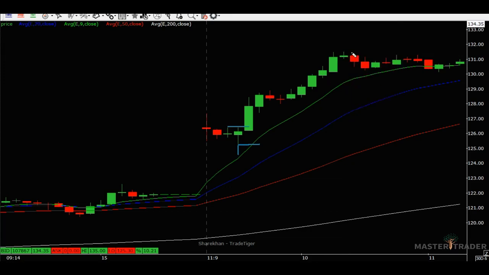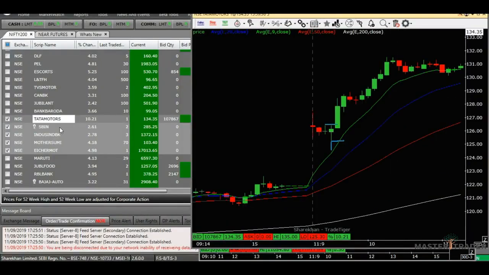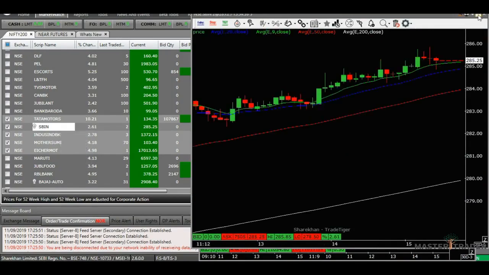Okay, so we're risking 1 and gaining almost 5 points if you trail it all the way. How amazing is that, right? 1:5 kind of a risk to reward. Okay, so this is what is possible, guys, with this.